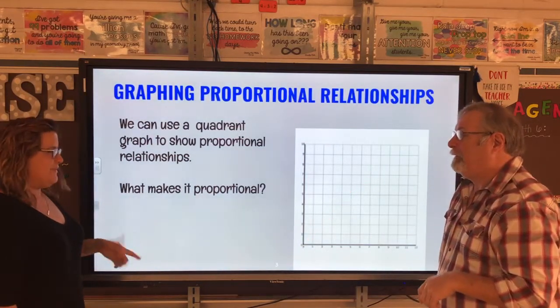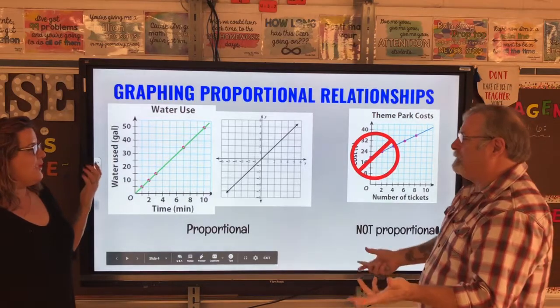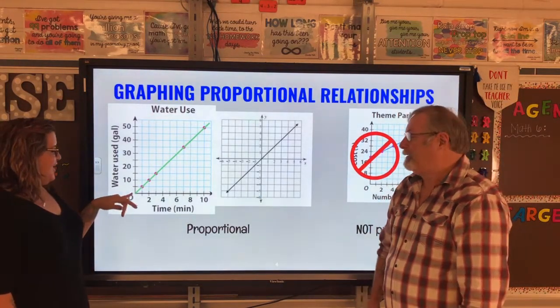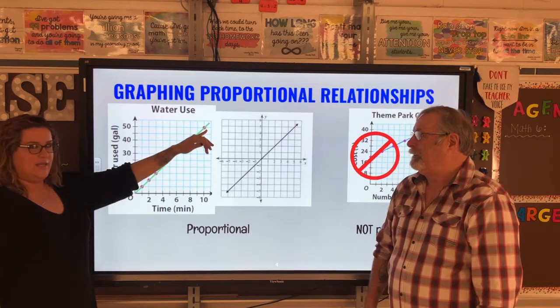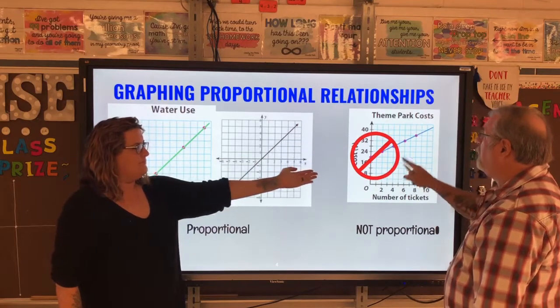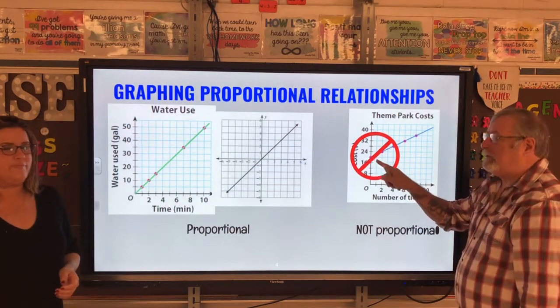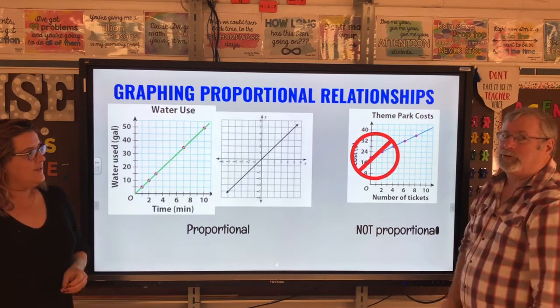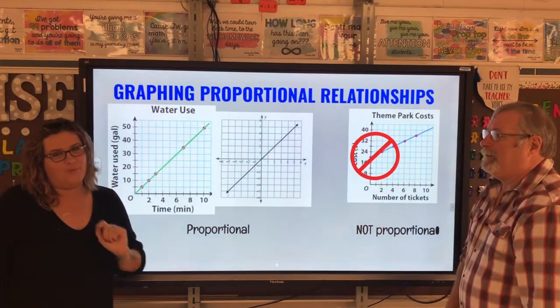Well, let's look. So here are some examples of proportional relationships, right? Origin, straight line. Passes through the origin, straight line. But here we have a perfectly straight line, but look, it's way up here where it starts. Not a proportional relationship. So we would say not proportional.